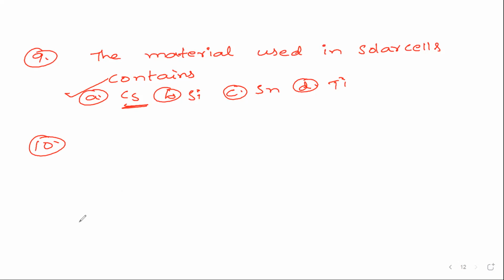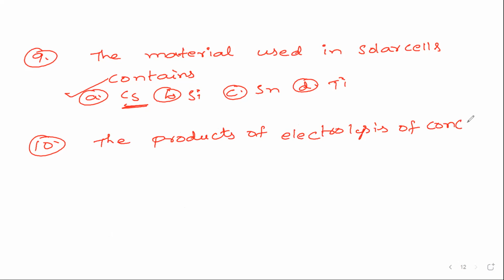Next question. The products of electrolysis of concentrated common salt solution are: option 1, sodium plus chlorine.